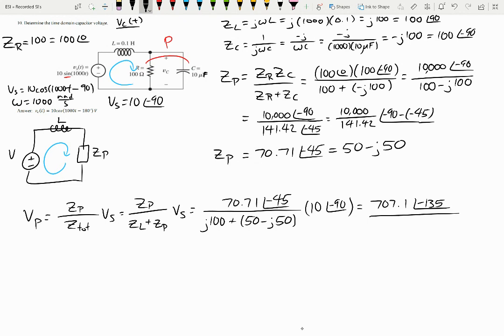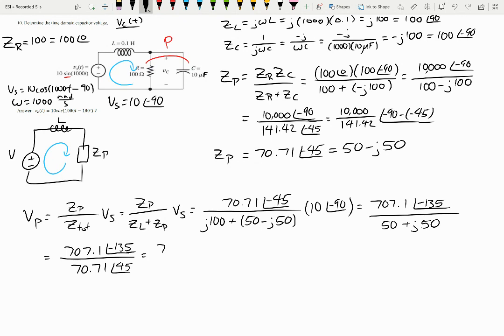Down at the bottom, this will be 50 plus j50, which is just going to be 70.71 at a positive angle of 45 degrees.